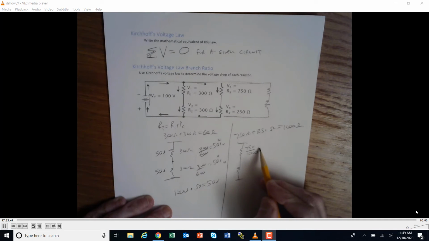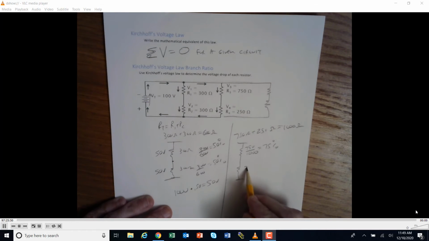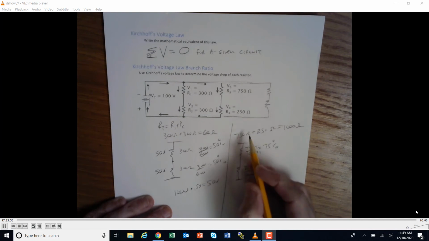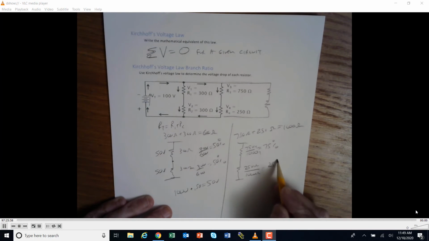That's 75% of the voltage drop. And this one here is 250 ohms out of 1,000 ohms. That's going to drop 25%. And these have to equal 100%. 50 and 50 is 100, 75 and 25 is 100.